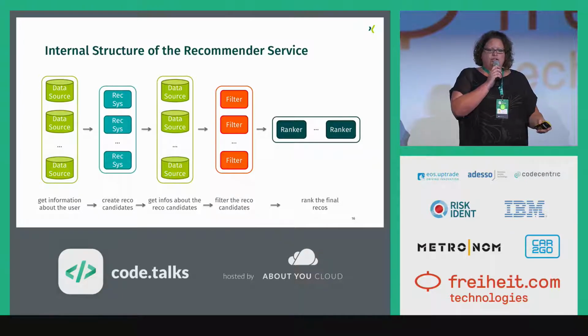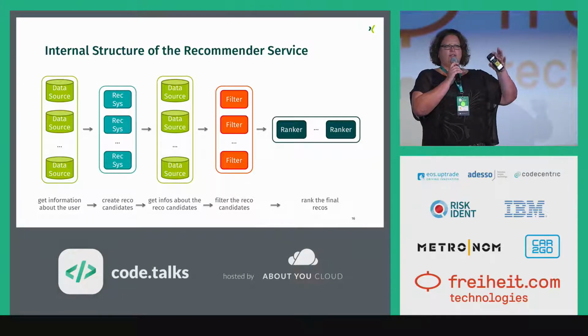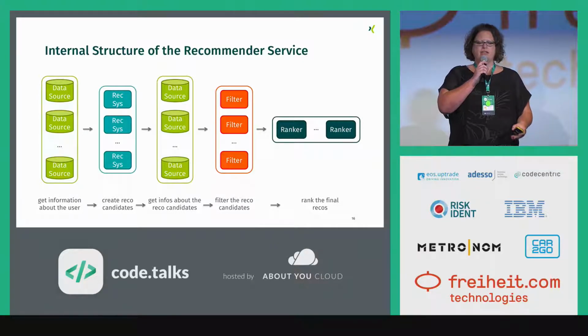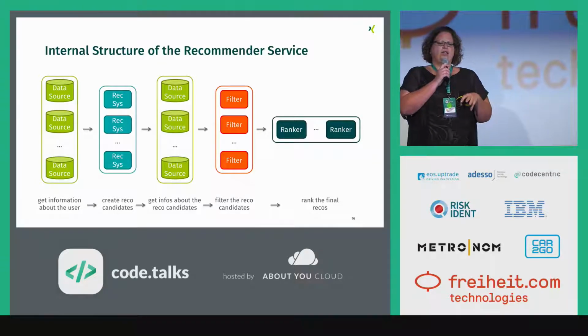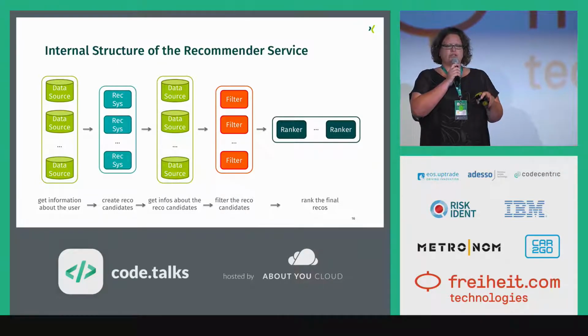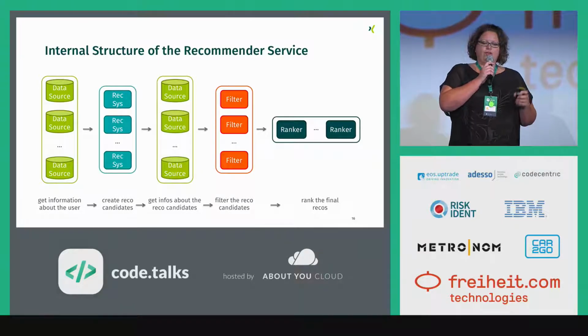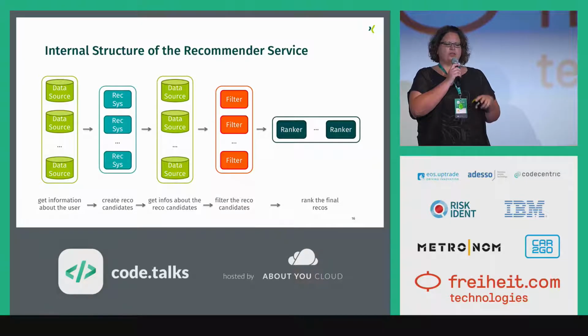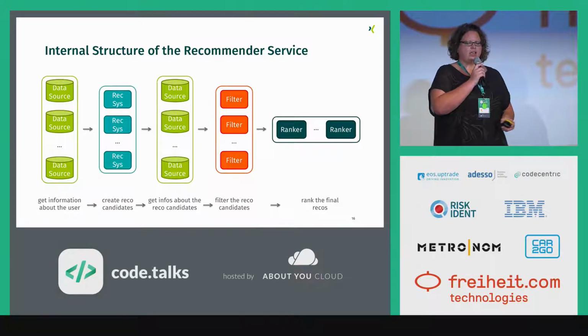Thereafter, we have the user ID and the IDs of a lot of job postings that might be suitable candidates. Again, we have to call a lot of data sources to get more information about these job postings. And when we have that, we filter, and this is where quality comes into play.